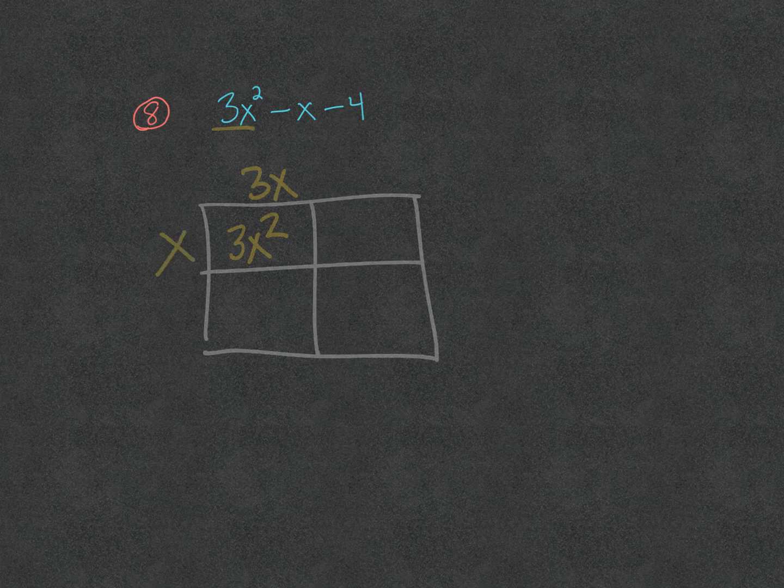And then from what I know here, this is negative 4. We then know that this has to be either negative 1 times 4, or 1 times a negative 4, or 2 times a negative 2.